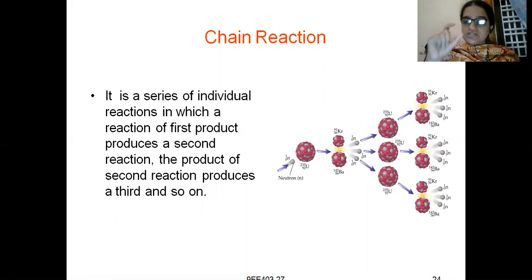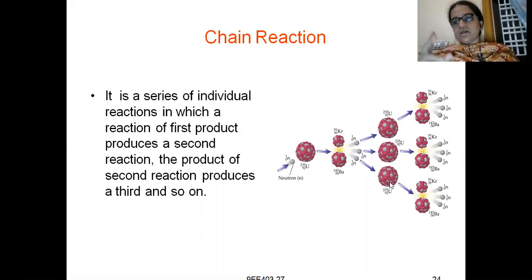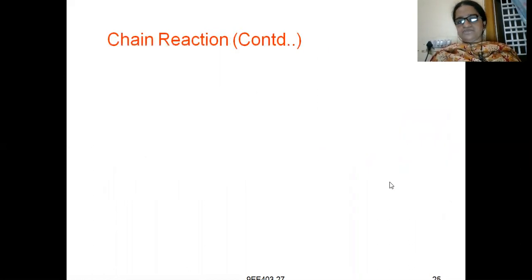Like that, for each single reaction, more heat will be liberated. For all the reactions on the right side of the slide that I have shown, all the uranium atoms getting bombarded with neutrons will release more and more energy. So this is called a chain reaction.